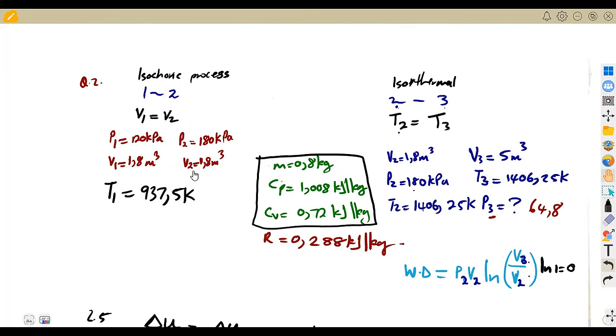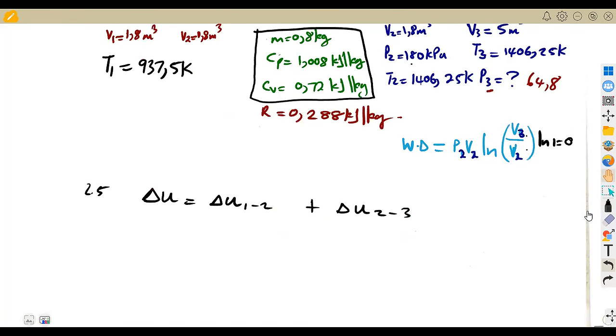Not to say that we cannot calculate it, but it is just the same. The formula from our formula sheet is the mass times the specific heat capacity at constant volume, then the change in temperature, which is T2 minus T1. If you are working from the first stage, it's going to be T2 minus T1, then T3 minus T2.